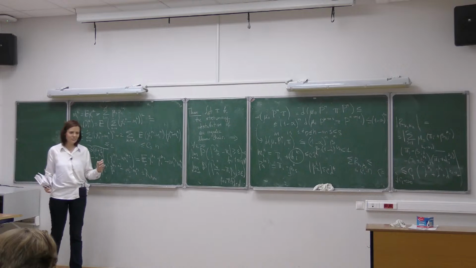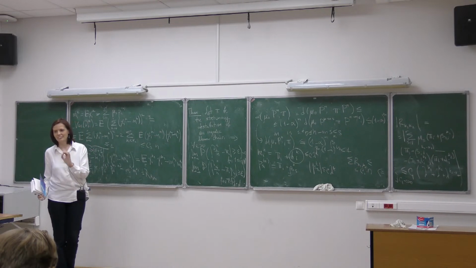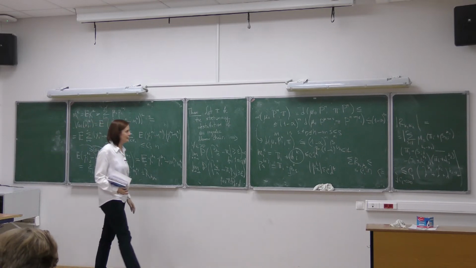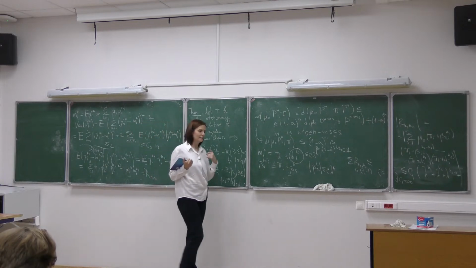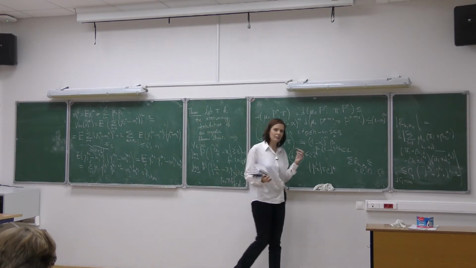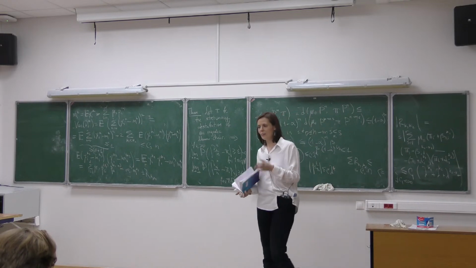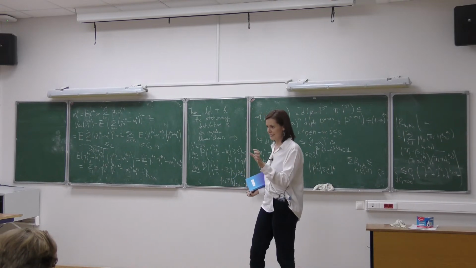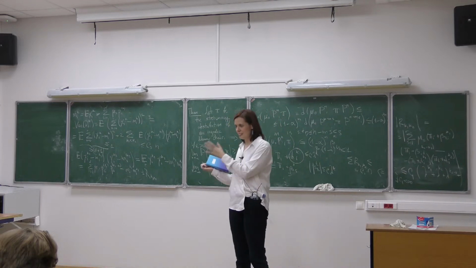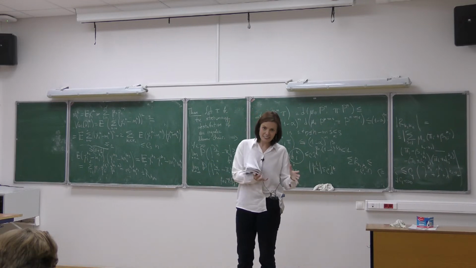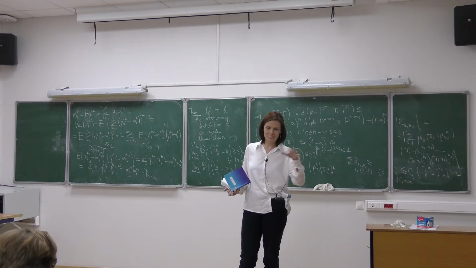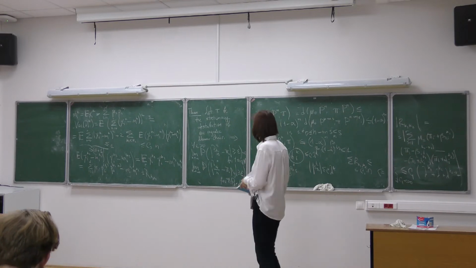But thank God, we know what the ergodic theorem states, and the ergodic theorem told us not only about the fact of convergence, but also about the rate of this convergence. So we knew how to estimate the difference between our stationary distribution component and the element of the corresponding matrix.